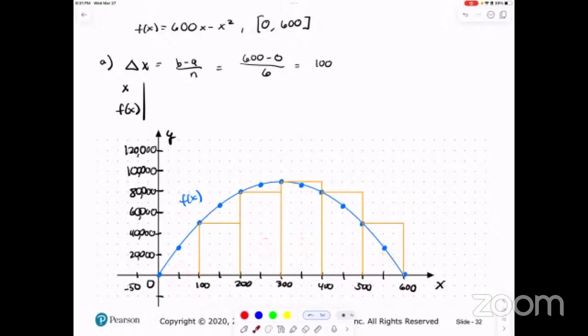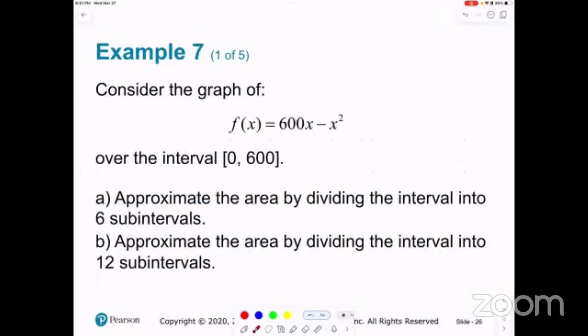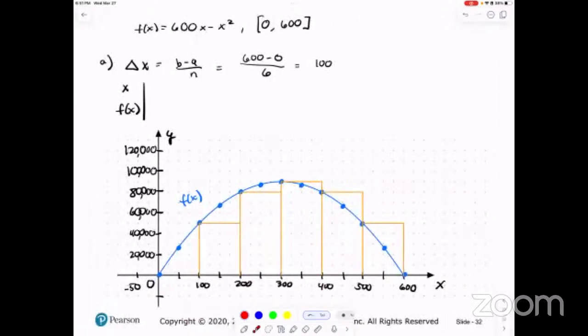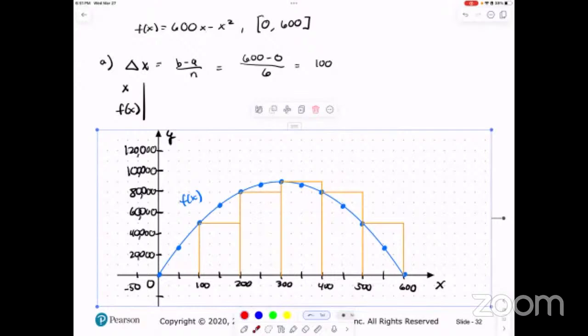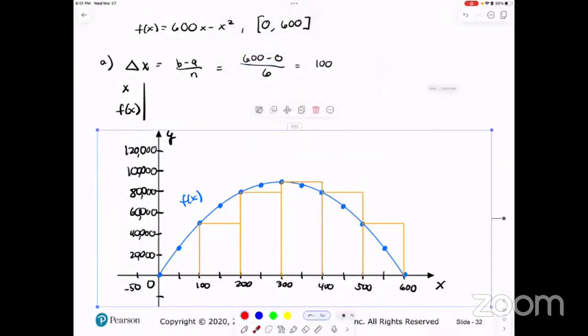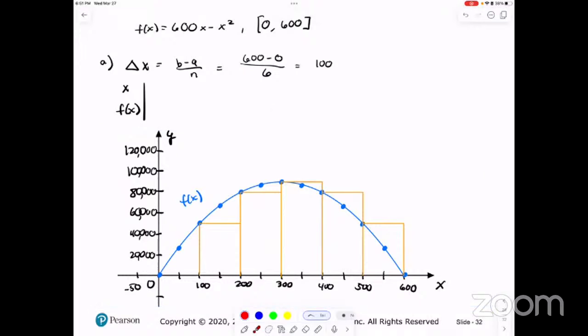And let me see. Approximate the area by dividing it into the 6 subintervals. So then, and let's get rid of this. Okay. So then, like for instance, if we think about that first rectangle, if we say the length times the width, right? So the width of all of these guys are 100.